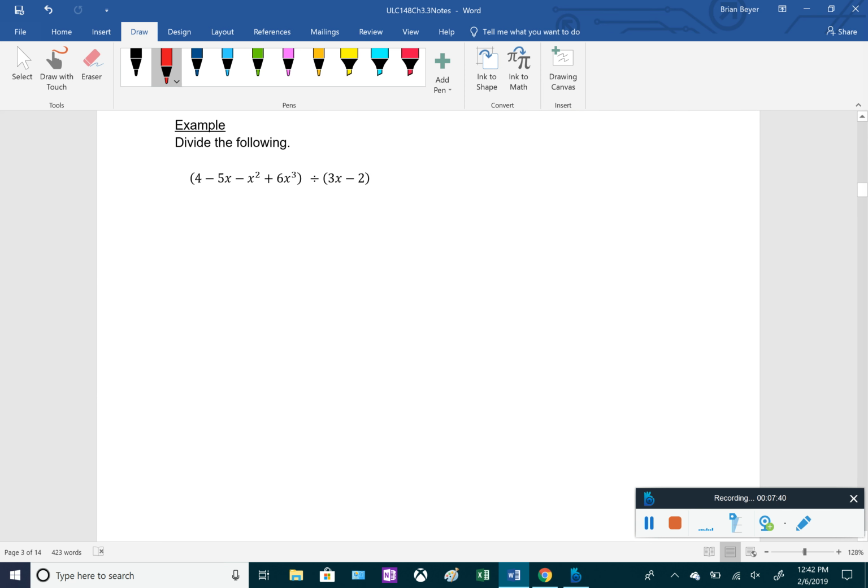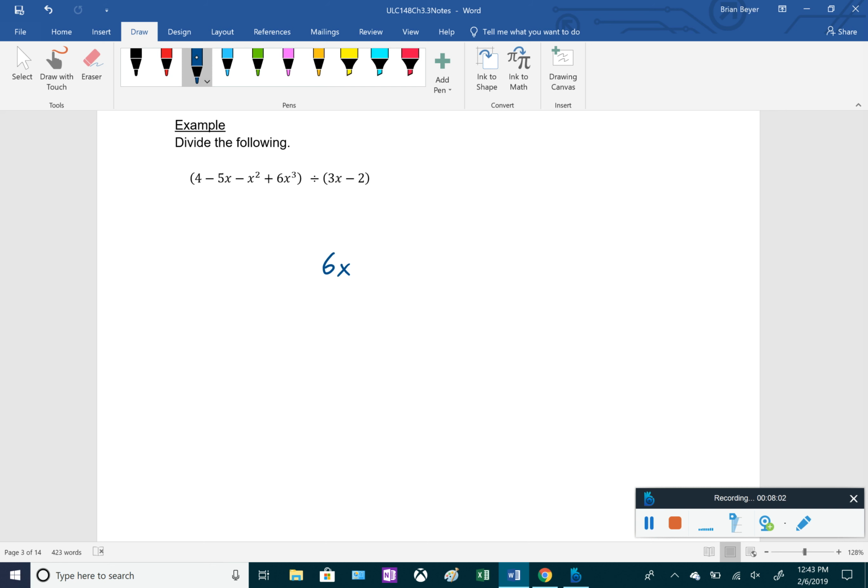So let's do a couple more here. So we have 4 minus 5x minus x squared plus 6x cubed divided by 3x minus 2. So first, when we're writing this out, we need to write the dividend in standard form. So we need to write it in decreasing order for the exponents.